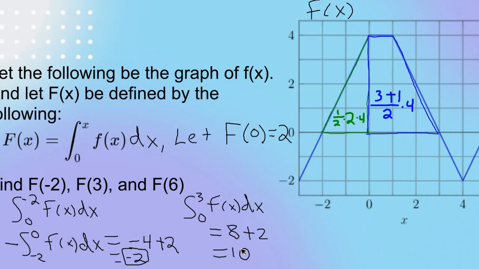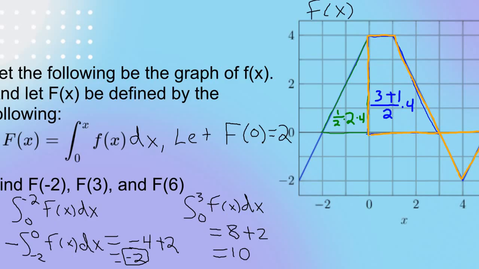Now, the nice thing, and the reason why these are called accumulation functions, notice that my last area is going from 0 now all the way till 6. So I'm looking at all of this. Yes? But the reason why it's called accumulation is because do I already know this first area? Yeah, so I don't have to find it again. I'm accumulating. I'm adding to this area of my next two things.